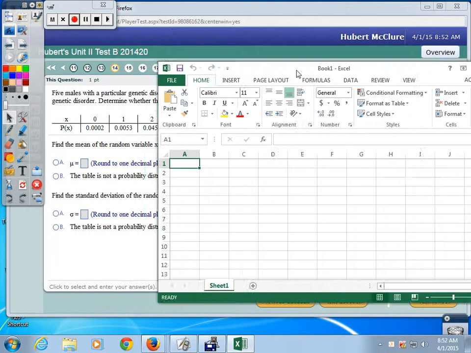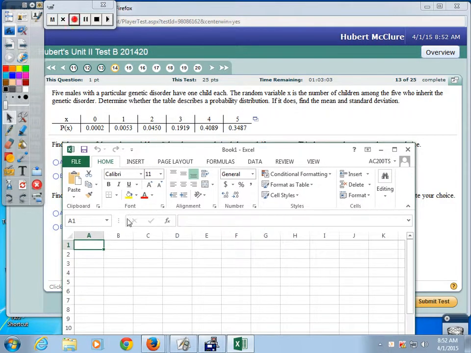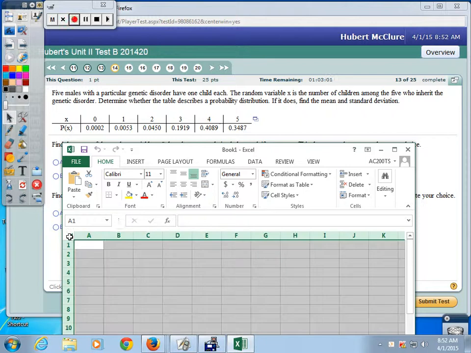Find the mean and the standard deviation, and go ahead and draw your curve too, just for practice.